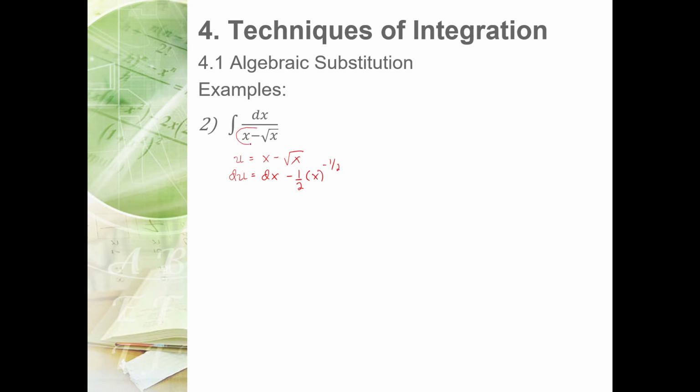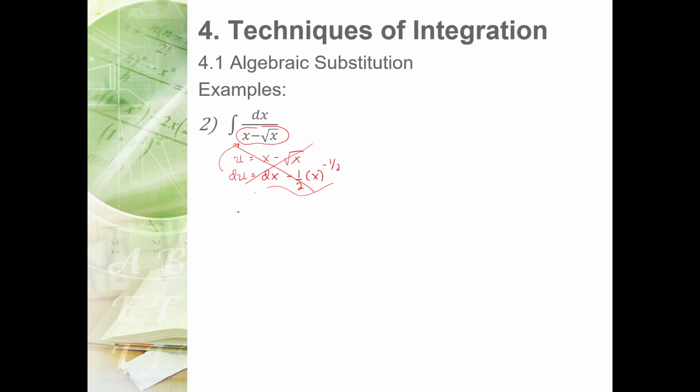So you can replace this one with the u variable, but notice that you can't replace your dx immediately with the u because your dx should have another term of this one. Meaning you cannot use this particular u sub.